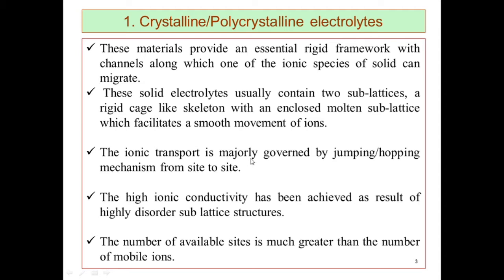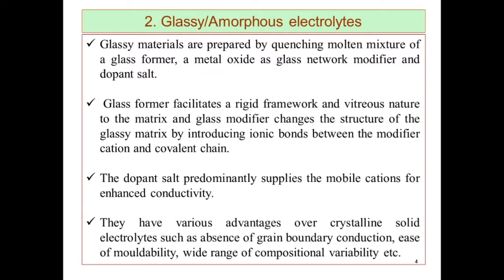The ionic transport is majorly governed by the jumping or hopping mechanism. High ionic conductivity is achieved as a result of a highly disordered sublattice structure. In this case, the number of available sites for hopping or jumping is much larger than the number of ions.